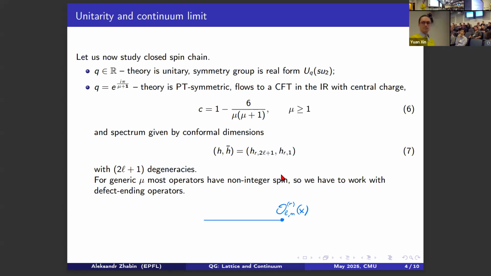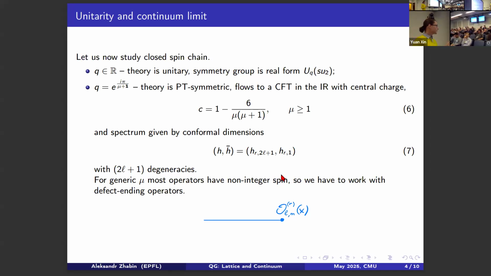And we know the spectrum of the CFT: it is given by h_{r,r+2L+1}, where these h's are the standard conformal dimensions from the Kac table. The spectrum is also 2L plus 1 degenerate. It's the same L. So for generic mu, most operators will have non-integer spin.